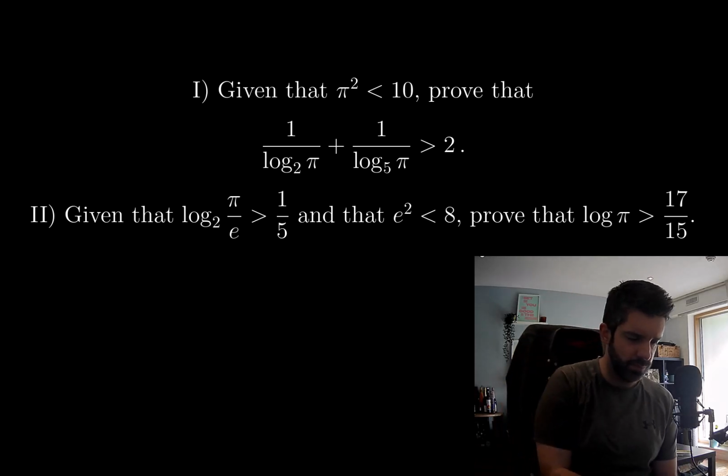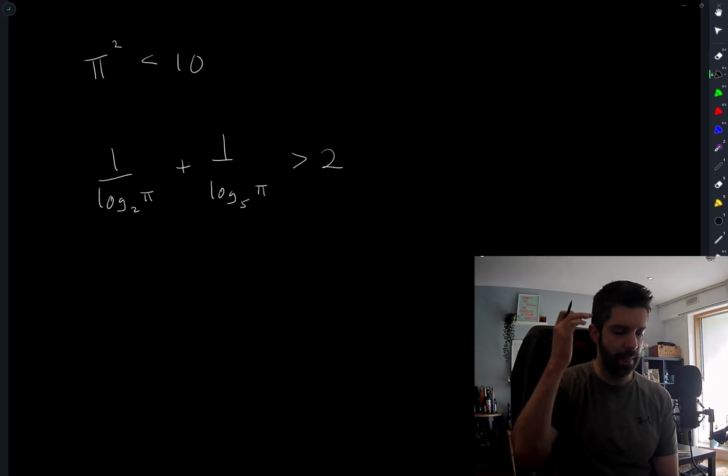Okay, well, let's look at the first part. Pi squared is less than 10, so that's just a fact. We want to show that 1 over log base 2 of pi plus 1 over log base 5 of pi is greater than 2.